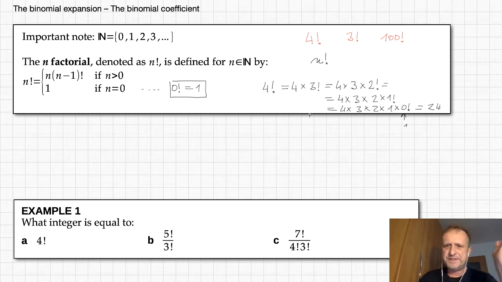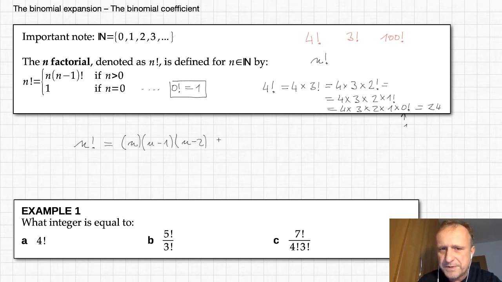In this example, you also can see easily that there is an alternative way to define n factorial. N factorial can be defined as the product of n times n minus 1 times n minus 2 times n minus 3 and so on, times 3 times 2 times 1.